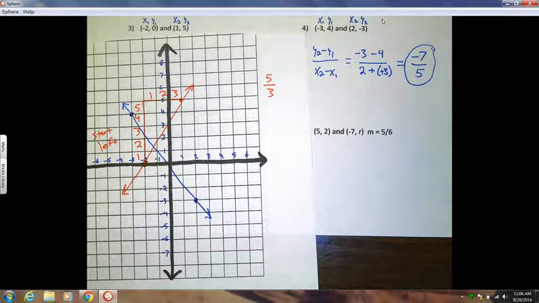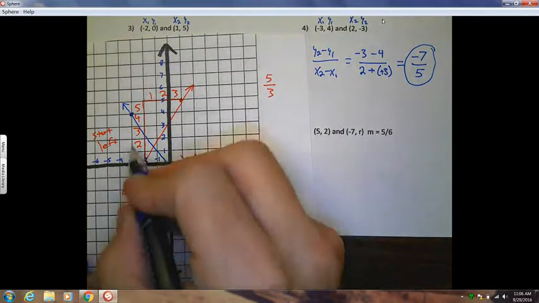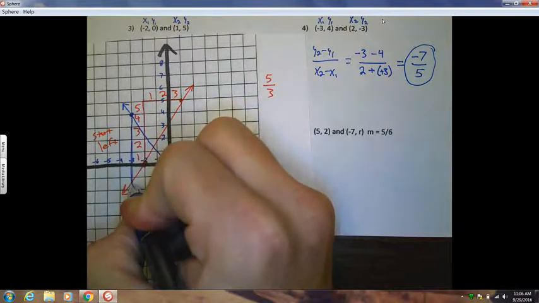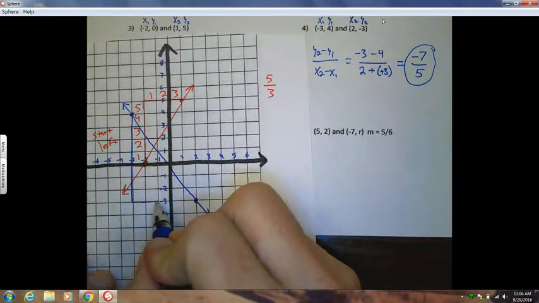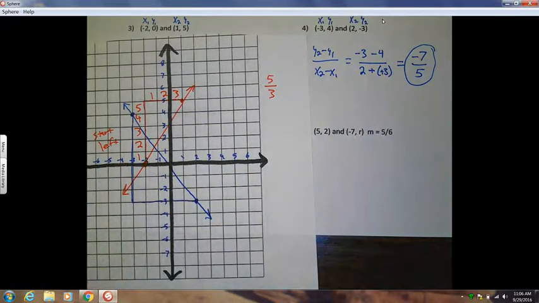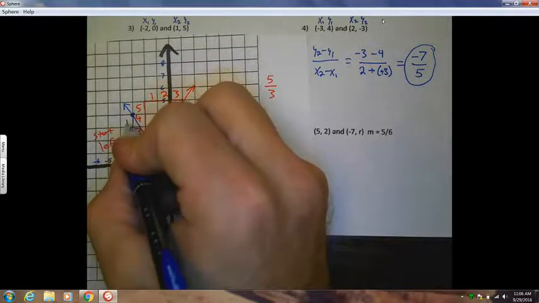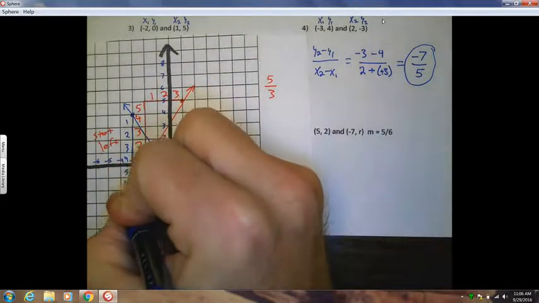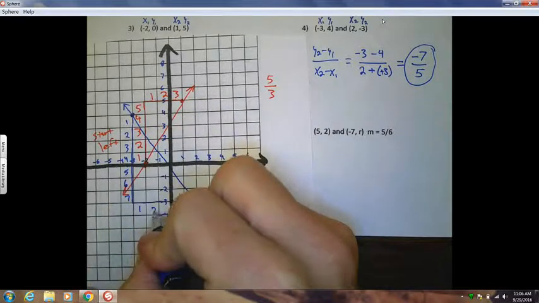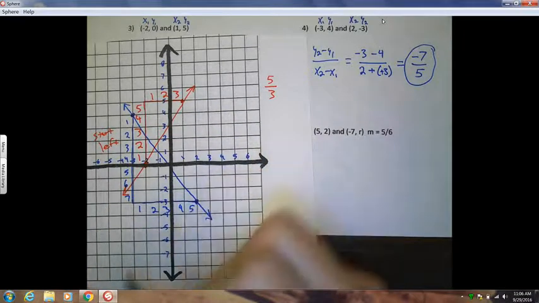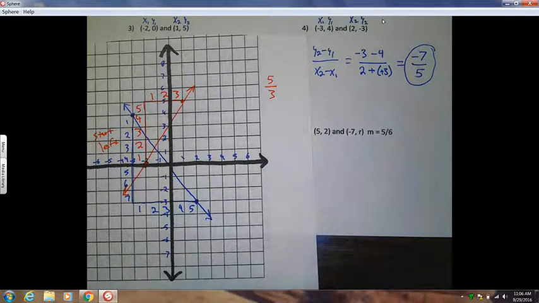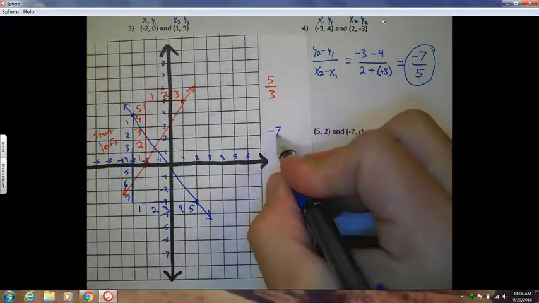So I'm going to start on the left and make a triangle. Then I just need to count the squares. 1, 2, 3, 4, 5, 6, 7. Because I went down 7, it's negative 7, and to the right 5. So there I have my slope.